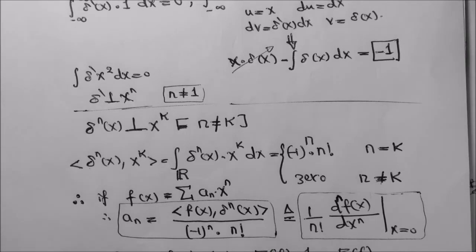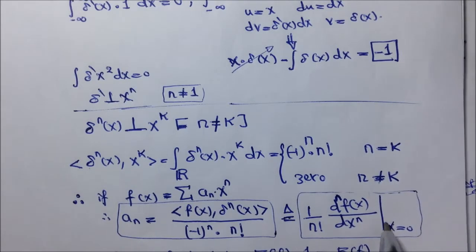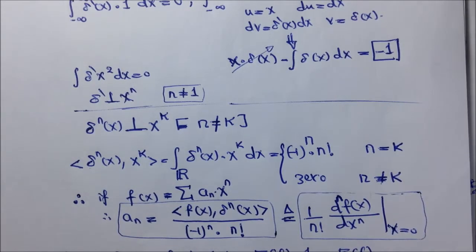And I shall prove now that this is what Taylor had stated, which is 1 over n factorial times the nth derivative of f of x when substituting x equals 0.